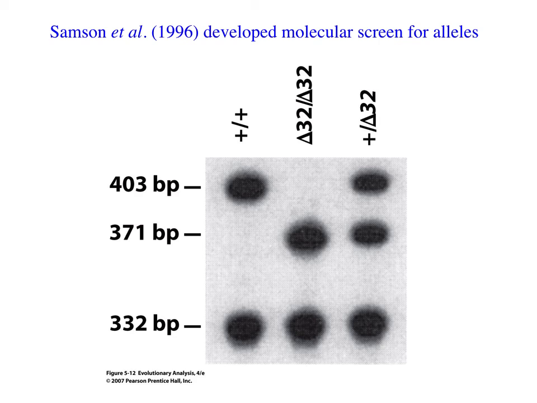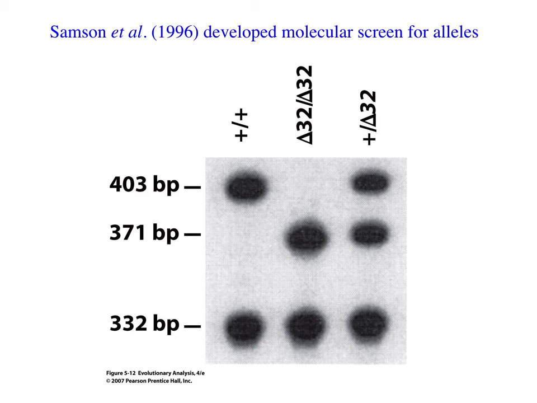Again, notice that the smaller fragments are able to travel farther down the gel because they're smaller, working their way through the agarose matrix. So that middle column is what a person homozygous for the delta 32 allele would look like.